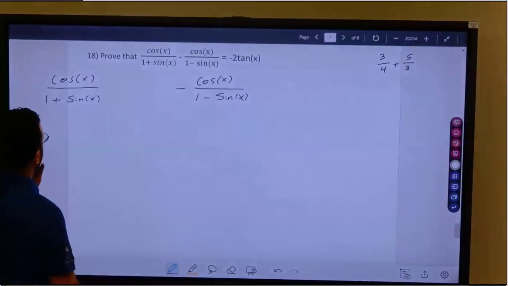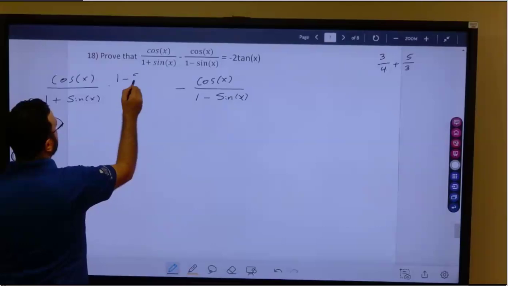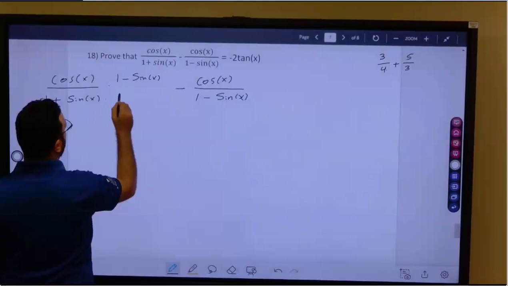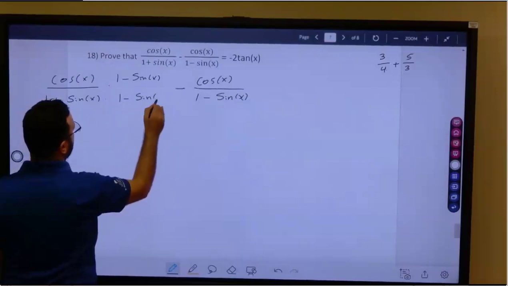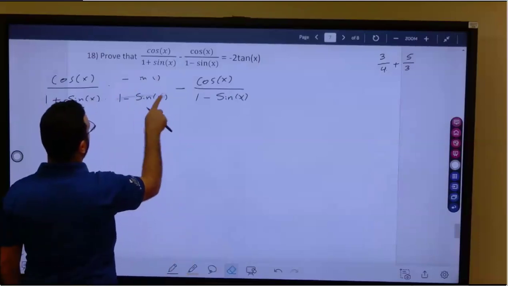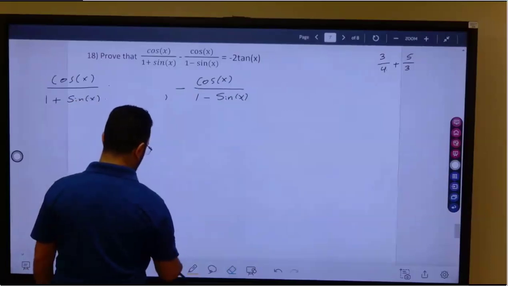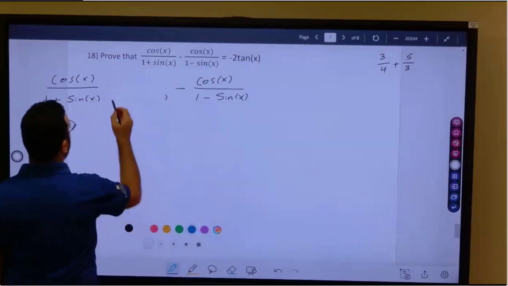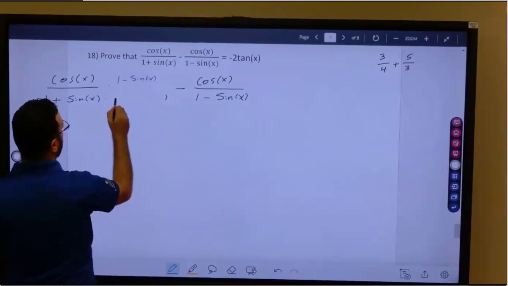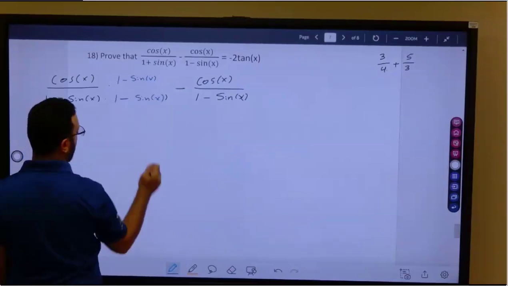So for the common denominator, I have to multiply this side by 1 minus sine x, and multiply this one by 1 minus sine x.